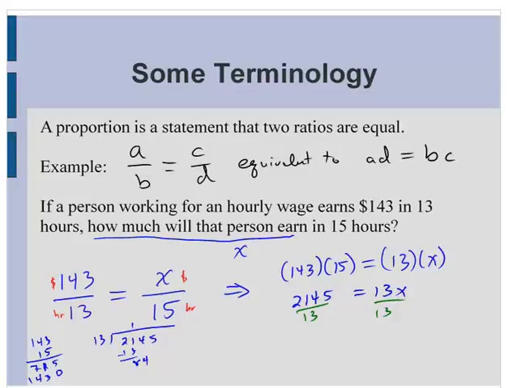Thirteen divided into 84, 5 times, 6 times, 78. And 13 into 65 is exactly 5, so X equals 165. So it would earn $165 in 15 hours. Excuse me. Yes, that's correct, in 15 hours.